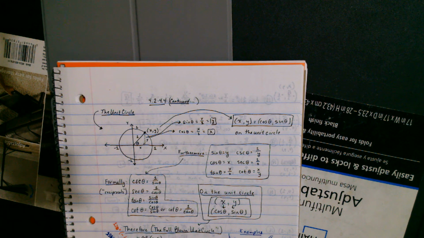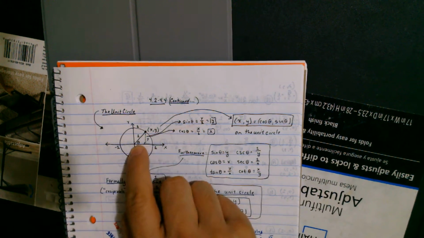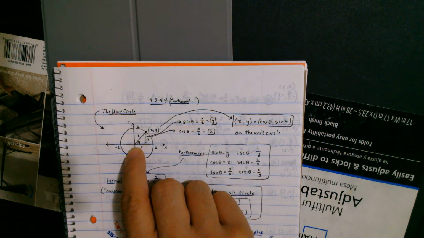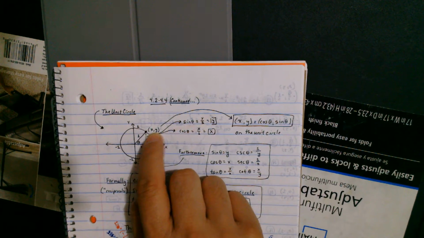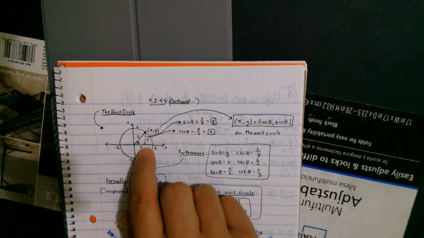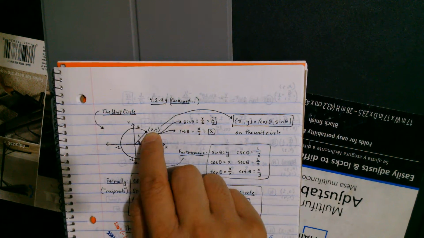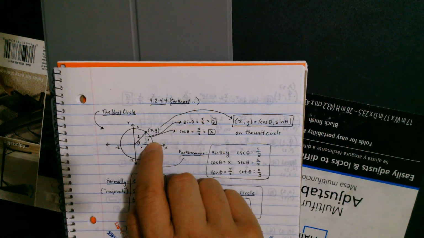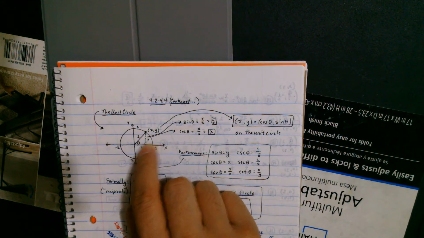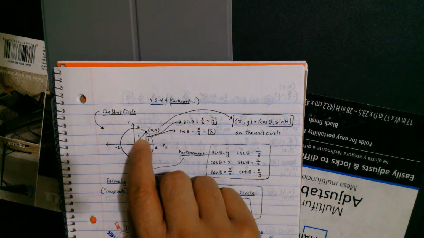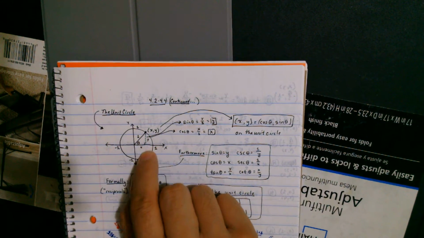So in a unit circle, if the radius is 1, you make a little triangle with an x and y coordinate, and you put a point on the circle. For every point on that circle, the x value is how much you move horizontally, and the y value is how much you move vertically. Now you have an angle that opens up, a theta, so now you have a relationship.